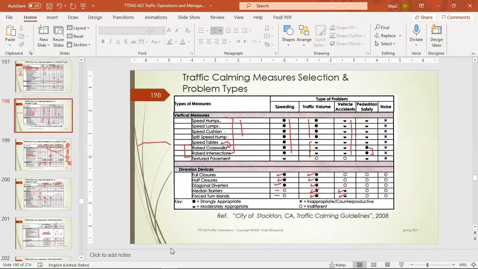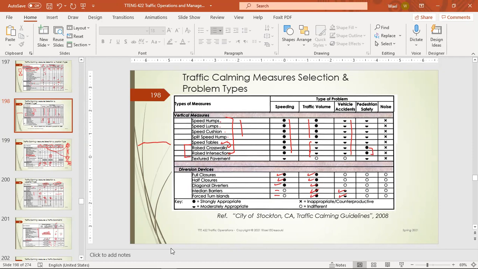But vertical measures are great for traffic volume, forcing the volume to drop down. And yesterday we showed that the presence of a speed hump reduces the capacity of the road at the speed hump. It creates a bottleneck, and we showed that with numbers.